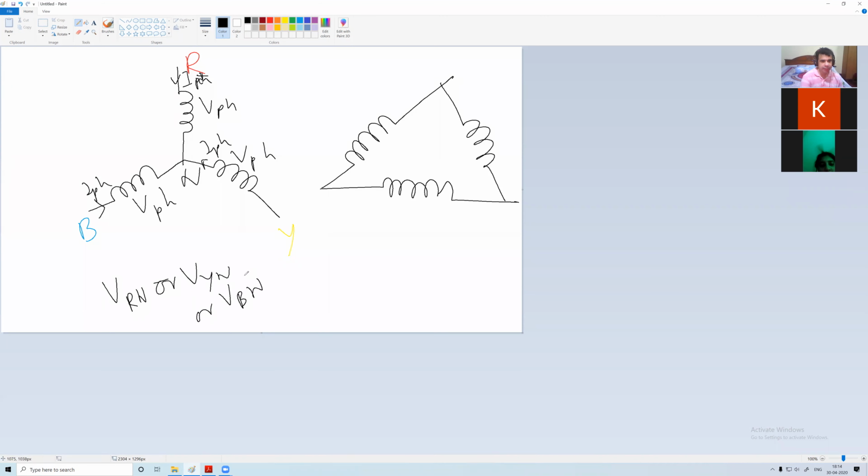So it is between one of the terminals and the neutral point. Line voltage is between red and yellow, or yellow and blue, or blue and red. We will see the relationship between these two, but they are not the same.